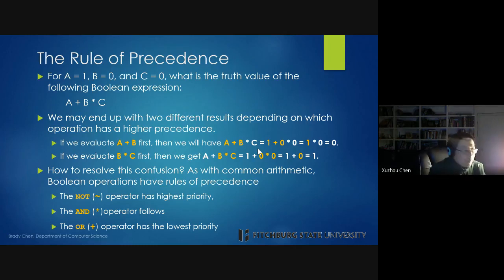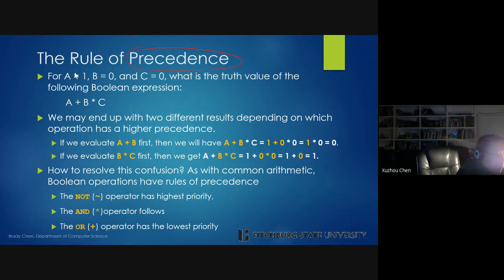Now, to make it a little bit more formal, we need to build the rule of precedence. So in math, in algebra, when we define a couple of operations, we have to define the precedence for these operations, because if we don't define this, sometimes it's confusing.